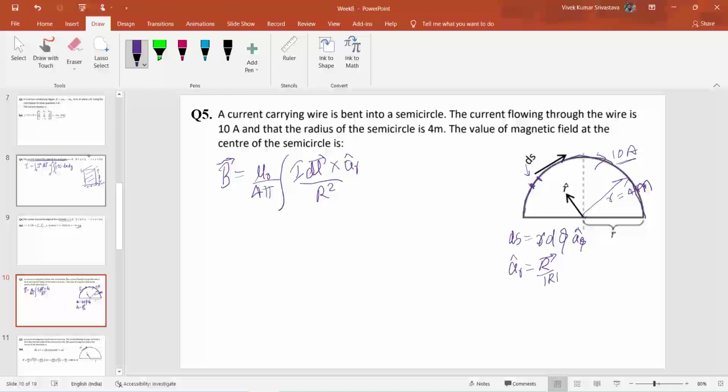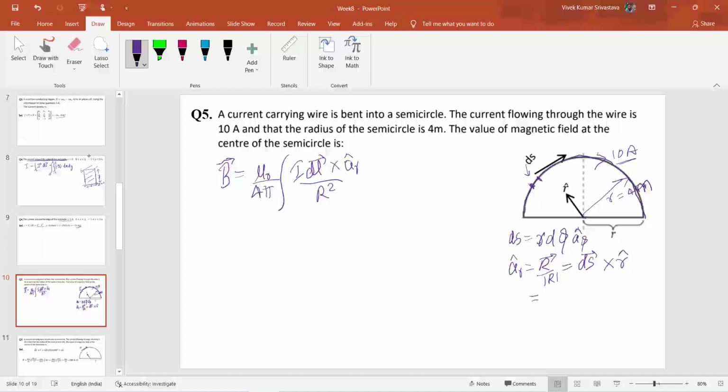So we have to first calculate the vector r here, or we can directly calculate it as ds cross r cap.